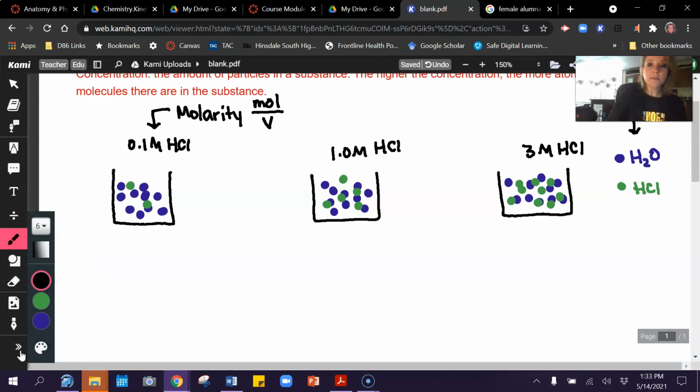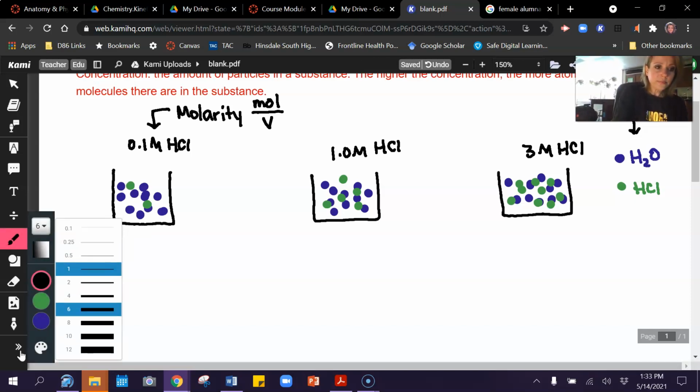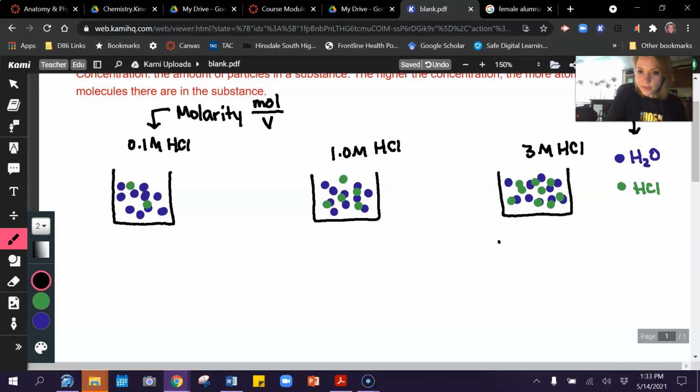It dissolved the metal of magnesium the fastest. So this was the fastest rate. The slowest rate was your 0.1 molar hydrochloric acid.